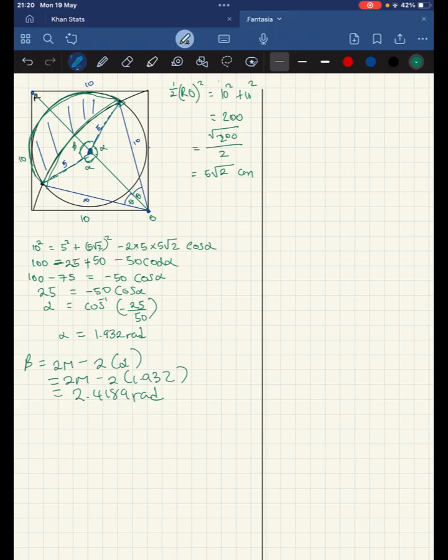So if we're able to subtract this from that, we'll get our answer. I'm screen sharing from that.